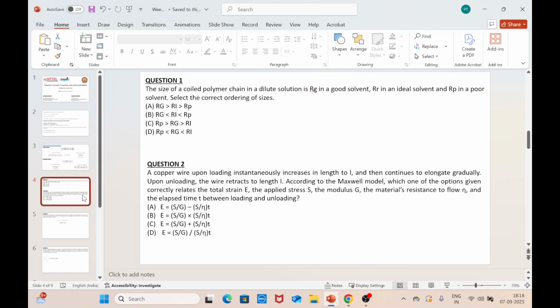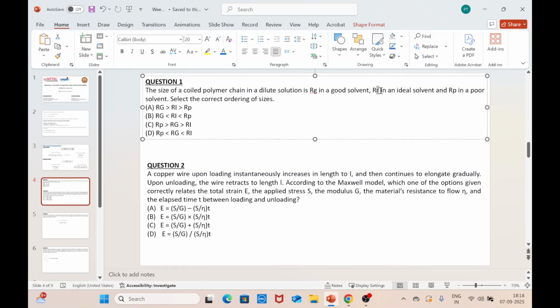The size of a coiled polymer chain in a dilute solution is Rg in a good solvent, Ri in an ideal solvent, and Rp in a poor solvent. Select the correct ordering of the sizes.